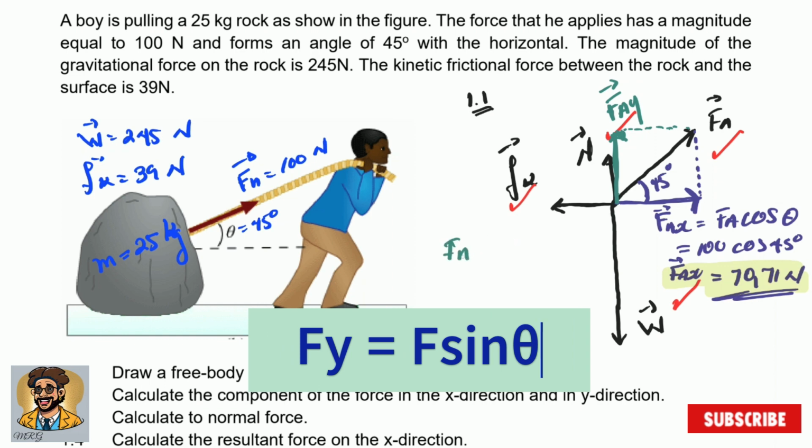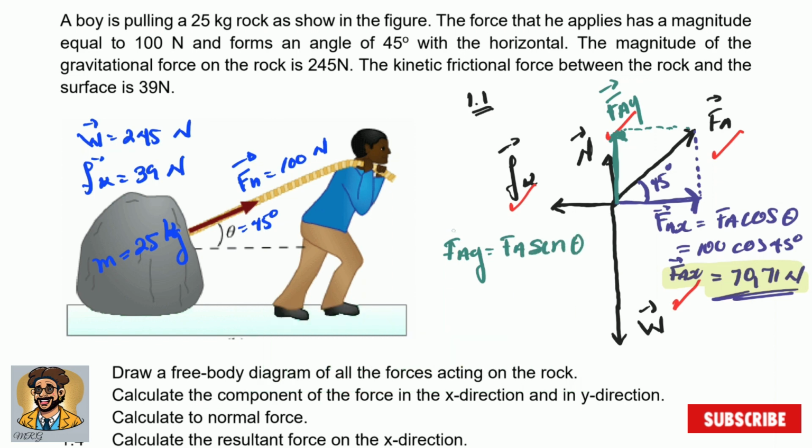FA in the y-axis is equal to FA sine theta. Theta is 45 degrees. So we have that FA in the y-axis is equal to this, the component in the y-axis. There we go, that is the answer.